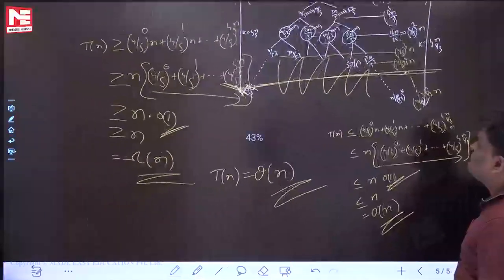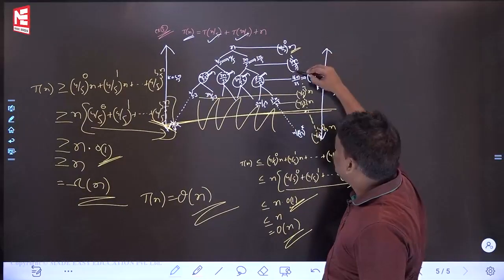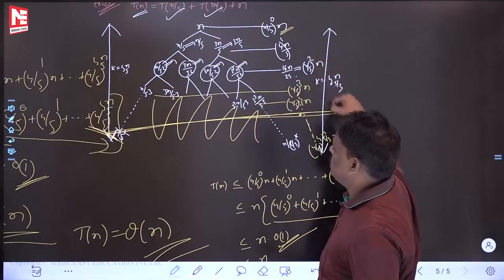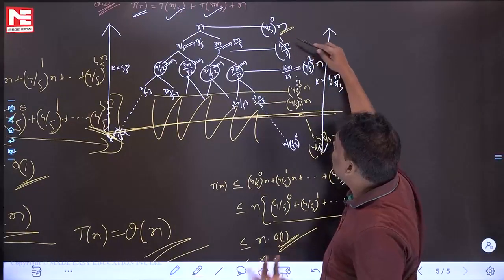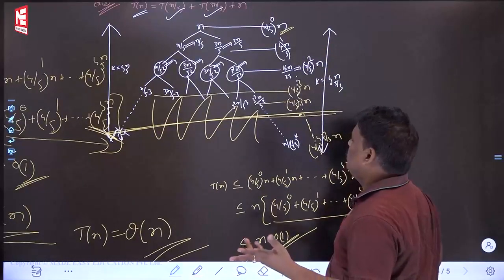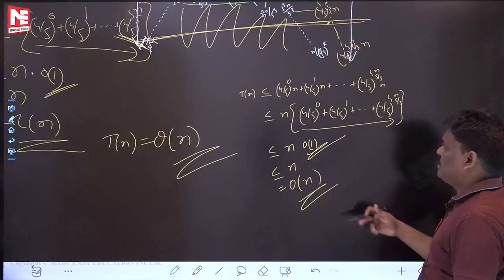Please be careful, it is a nice problem. Some people are thinking that here n, next level also n, but it is not necessary. Problem to problem, these may change. First level n came, second level not n came. Sometimes first level and second level are the same, sometimes they differ and a series comes. Just solve that series, you will get the answer.